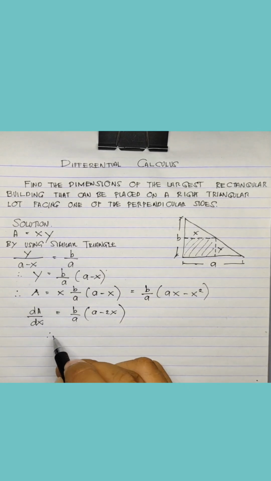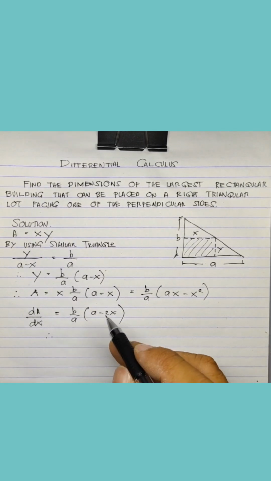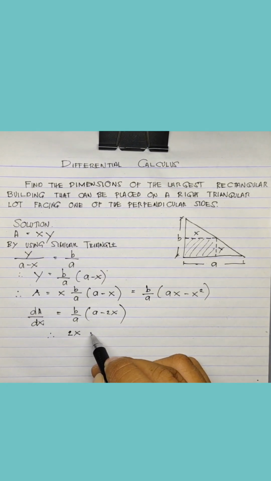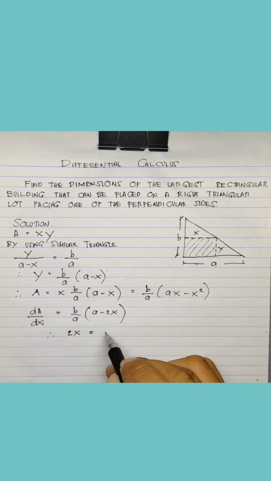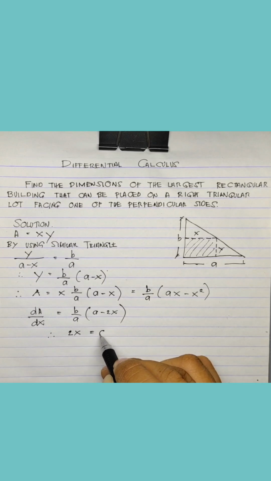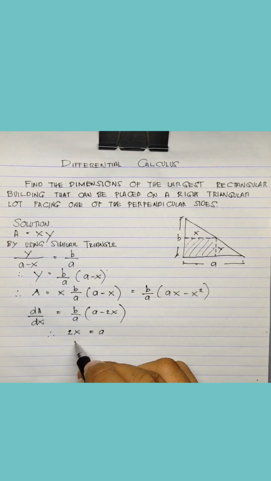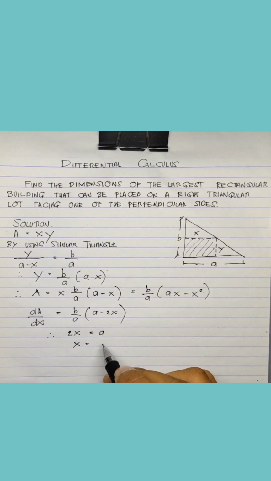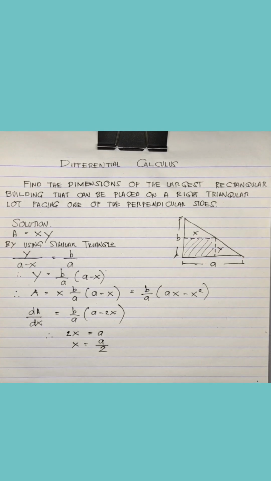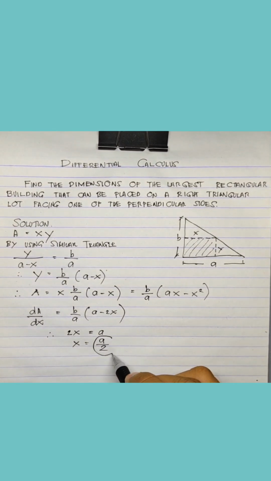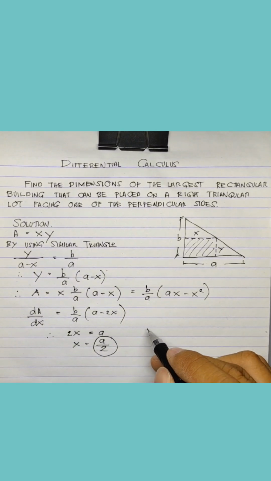Therefore, 2x is equal to A, and simplifying this one, x is equal to A over 2. So this one is the dimension for X, so we'll get the dimension of Y.